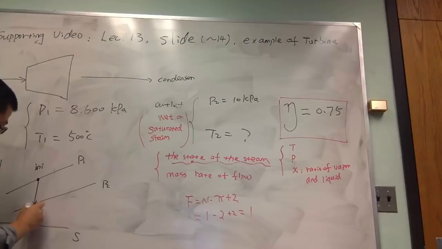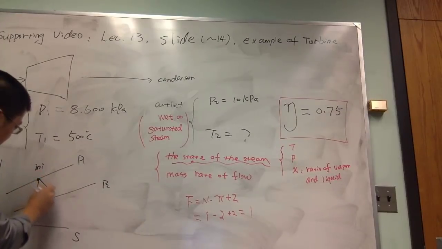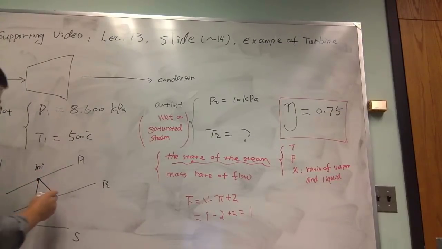That's not the reality. So this is why we call this 2 prime. Along this process, you can see that the entropy is not changing. This line is perpendicular to this entropy axis. And we know that the real final state will be here.